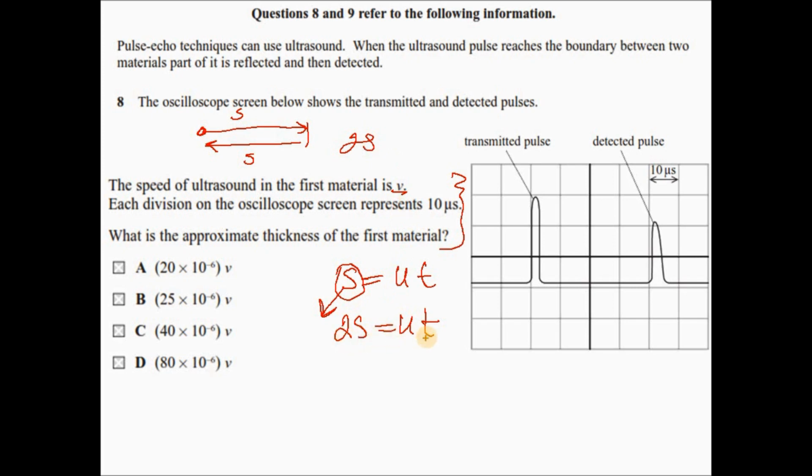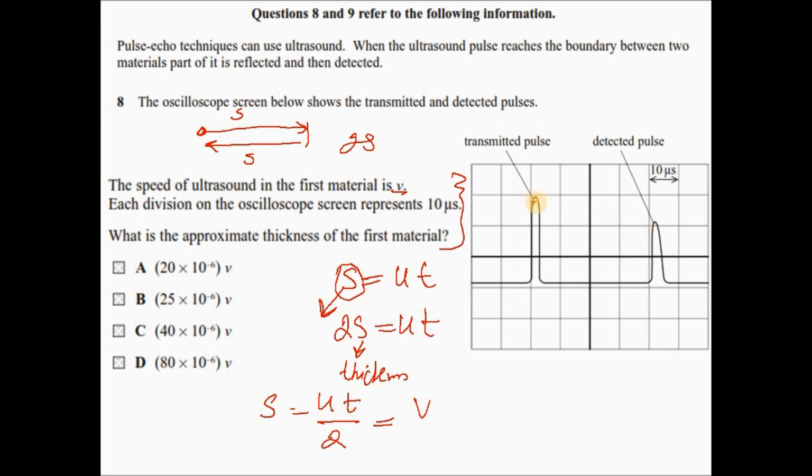So 2s equals ut, and in this case, this s will be showing the thickness of the material. So s, which is the thickness, is ut over 2. u is the speed of the ultrasound, which is v, and t is the time interval between the transmitted pulse and the detected pulse.